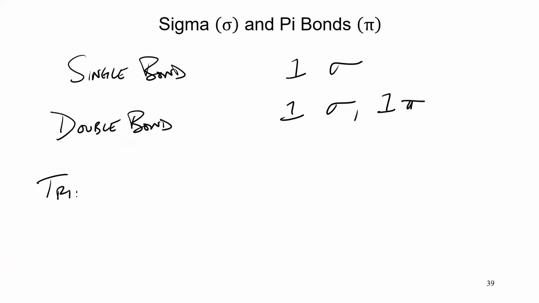And then a triple, instead of adding a delta, which I admit is maybe the progression that makes more sense, we end up with 2 pi's. And let me quickly show you why. If we have a triple bond, let's say it's a simple triple bonded molecule like carbon monoxide. If I choose the carbon to be the central atom, how many hybrid orbitals does carbon need? He's only bonded to 1 atom and he's got 1 lone pair. So how many hybrid orbitals does he need?